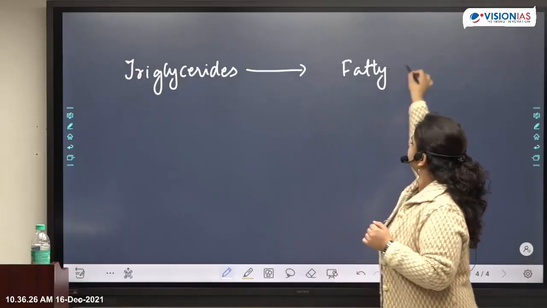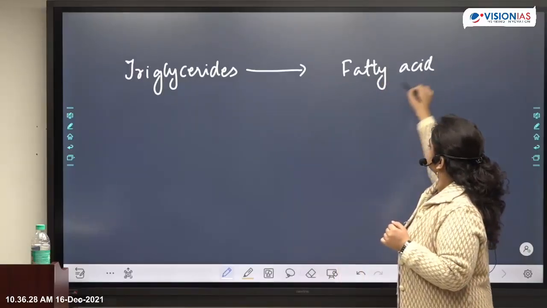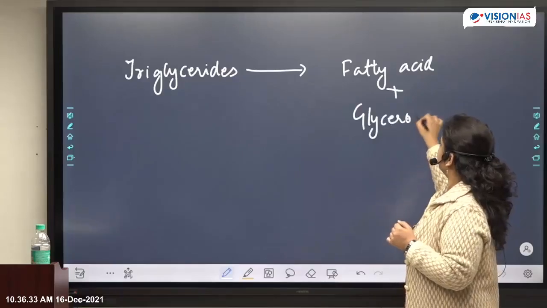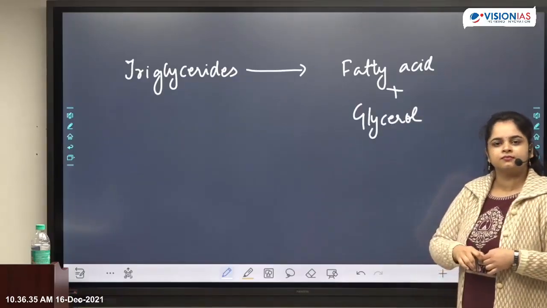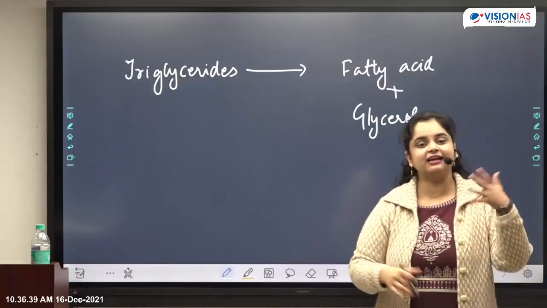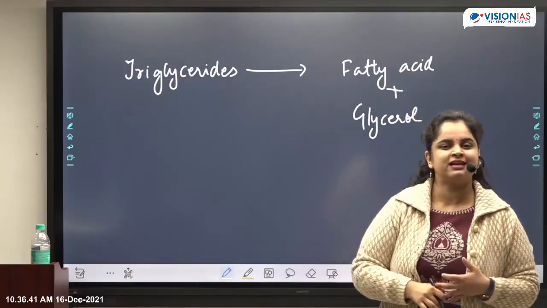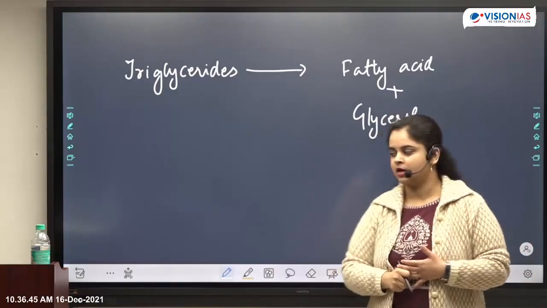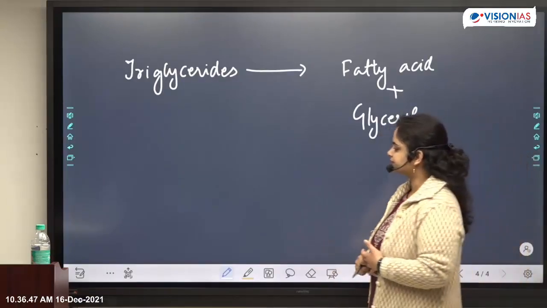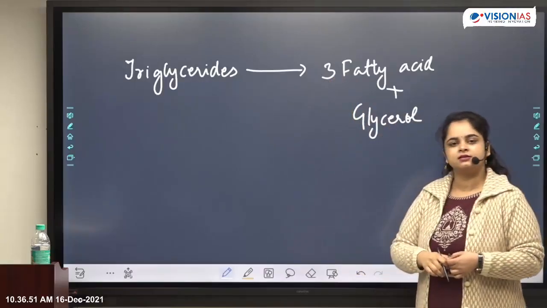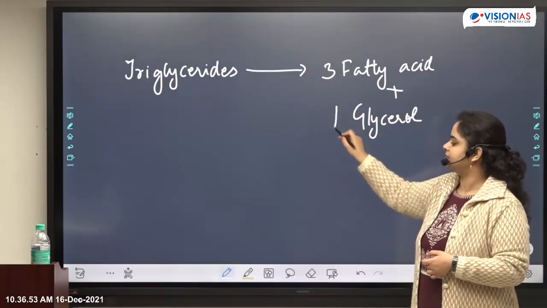One is the fatty acid, and the second thing is glycerol. Unlike in carbohydrates and proteins, here the number will be fixed every time. So we will have 3 fatty acids and 1 glycerol.